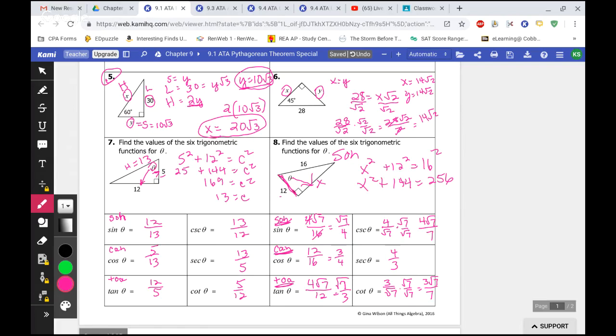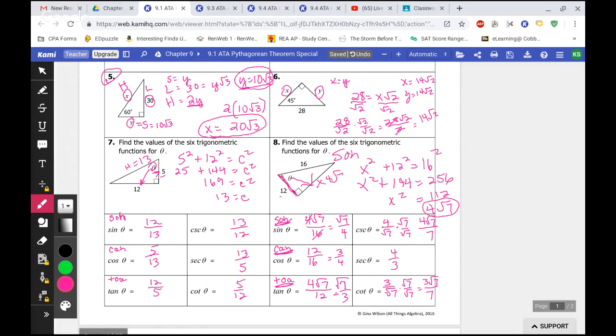So I subtract from both sides, and I get x squared equals 112. Then I basically factor that all the way out and pull out all of my perfect squares, which 16 is going to be one of them. 16 times 7. So that's going to be 4 root 7. So that's this side right here.